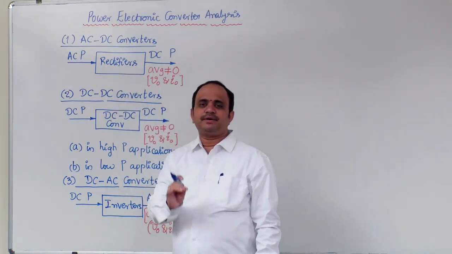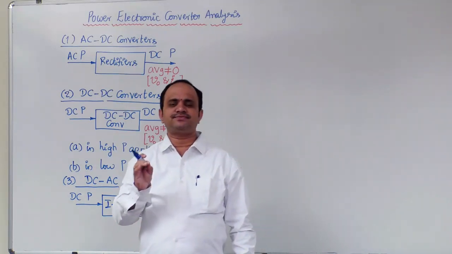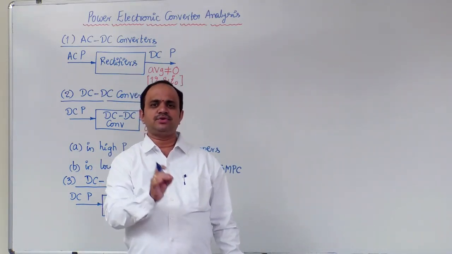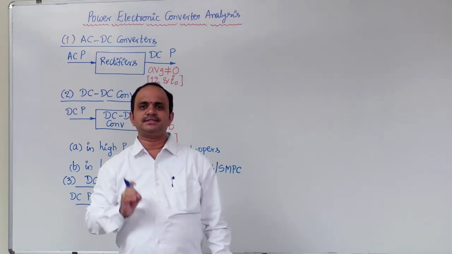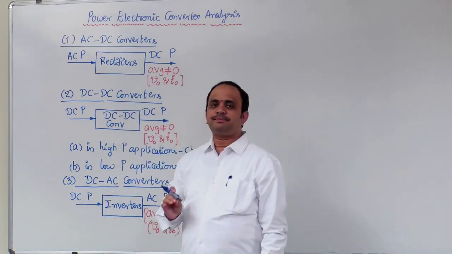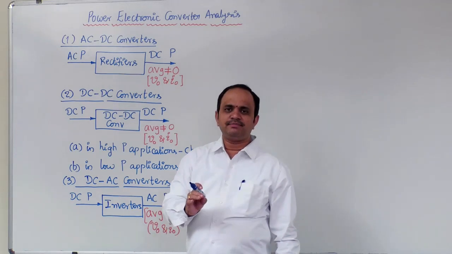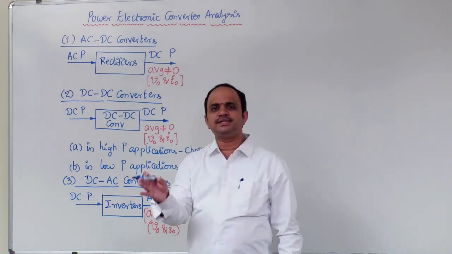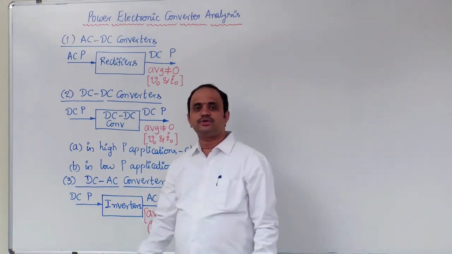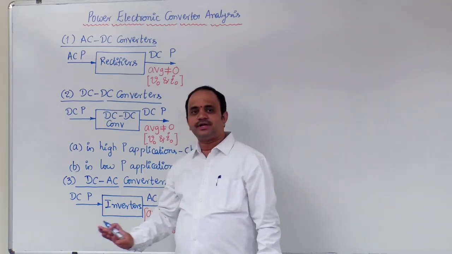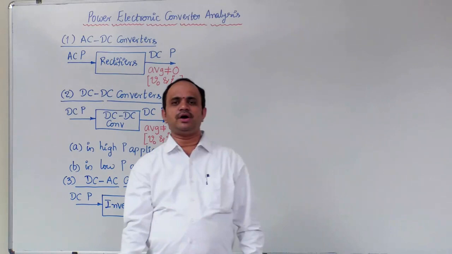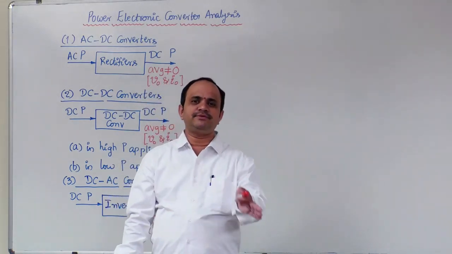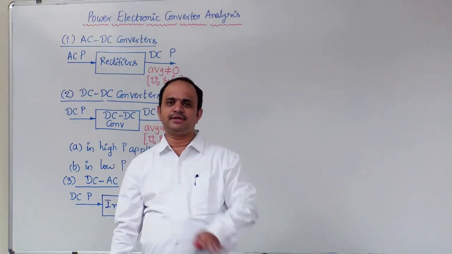If the power flow direction is from the AC circuit to the DC circuit, we refer to that circuit as a rectifier. If the power flow is from the DC circuit to the AC circuit, it should be referred to as an inverter circuit.